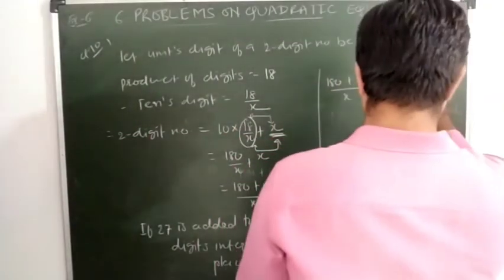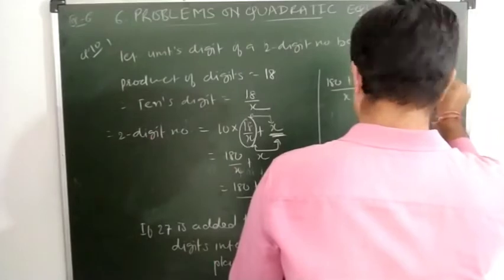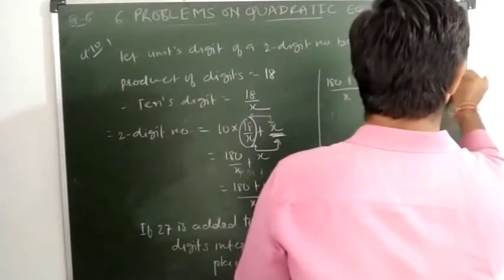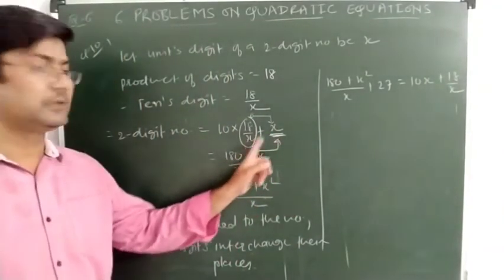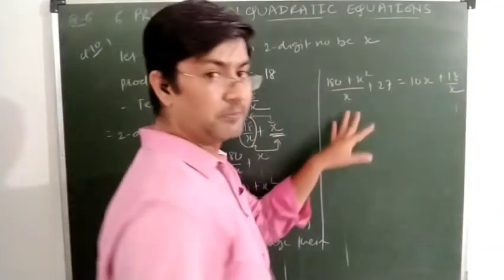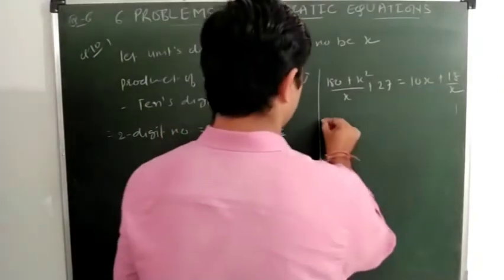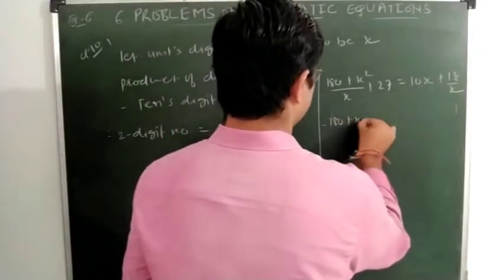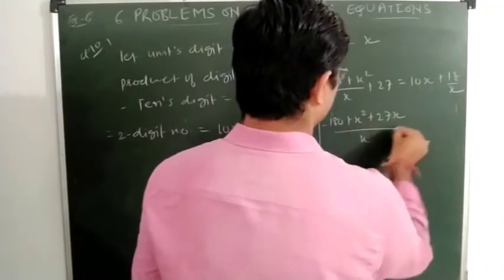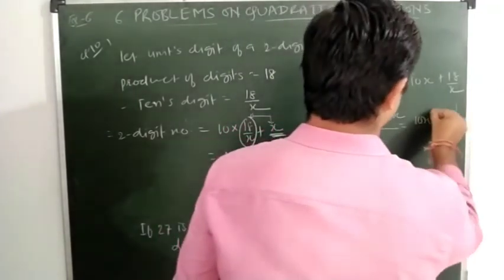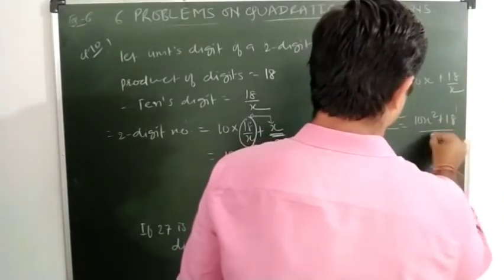So 10 into x, yes or no, 10x plus 18 upon x. Clear? Now you notice that we have interchanged the digits. Now we will simplify and frame a quadratic equation. Therefore 180 plus x square plus 27x upon x is equal to 10x square plus 18 upon x.